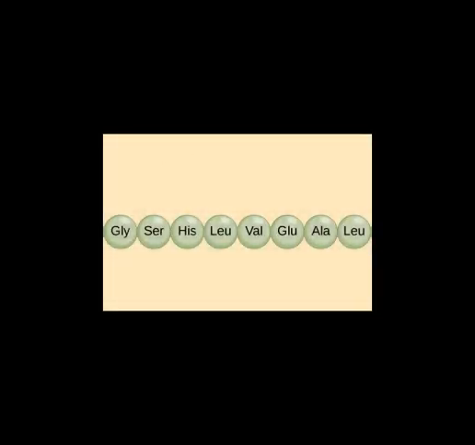So this figure illustrates a bunch of amino acids that are connected together via a peptide bond. The peptide bond would happen between every single one of those amino acids at this spot right here, right? So we have glycine, serine, histidine, leucine, etc. And every single one of those amino acids are connected together.